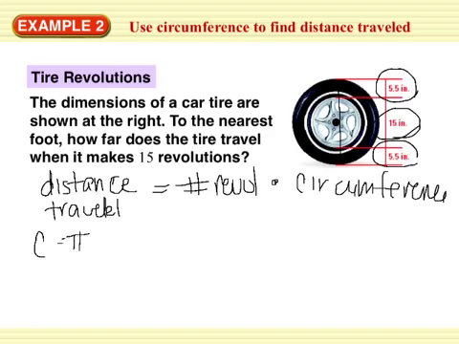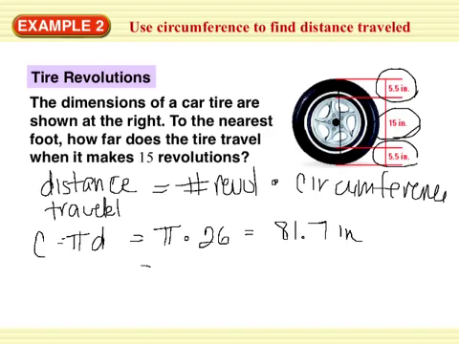Circumference equals pi d. Pi times 26. 81.7 inches.